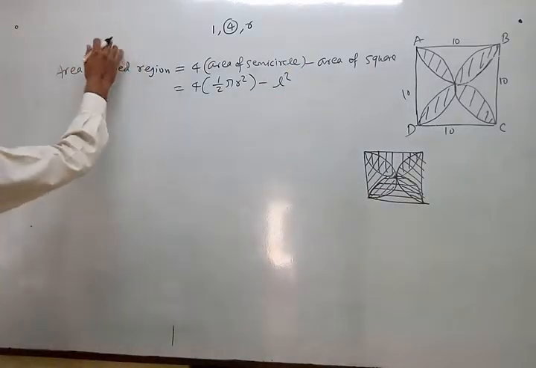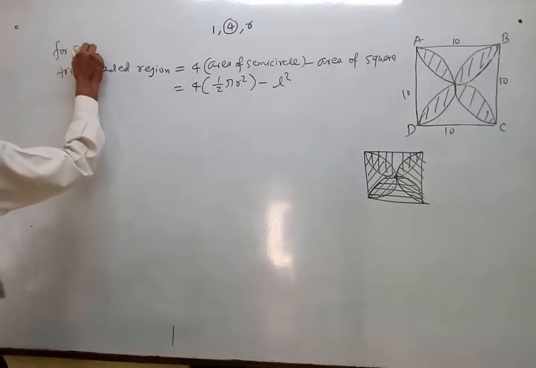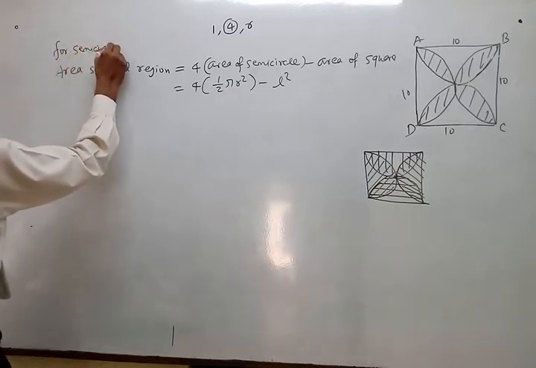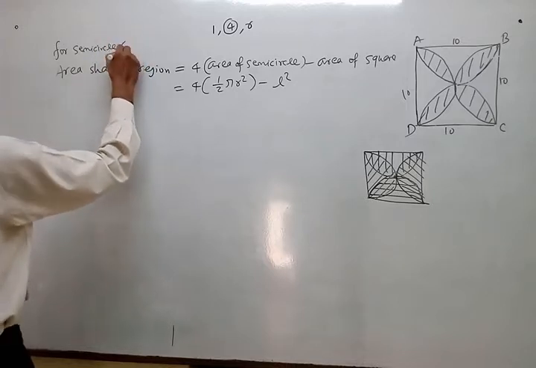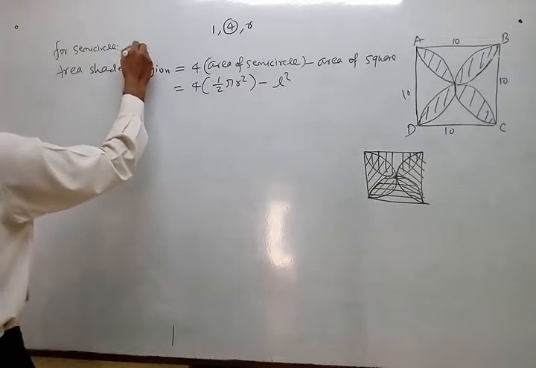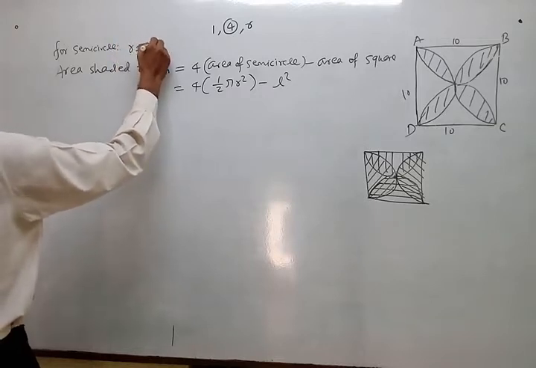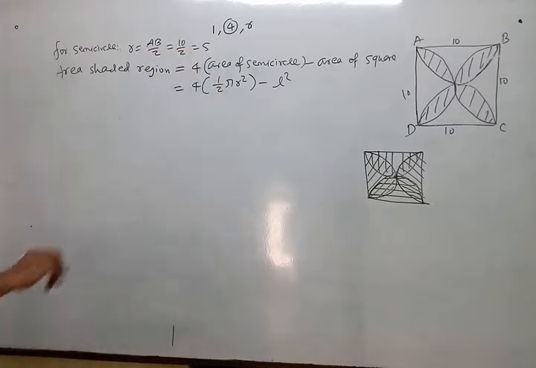Okay, so just write here for semicircle, L is given, so no need to write it. R equals AB by 2, meaning 10 by 2, meaning 5. Where 5 came from. Okay, now pi's value is also given, 3.14.